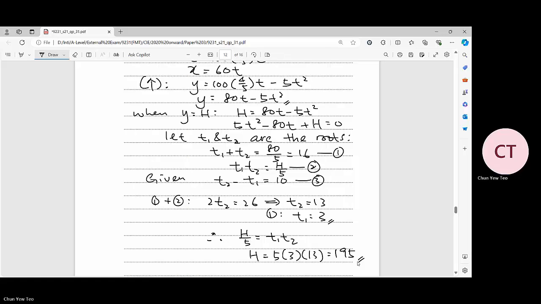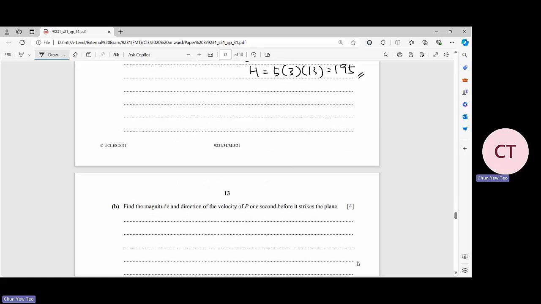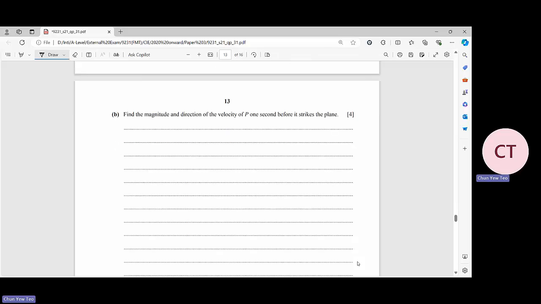Okay, now we move on to part B. They want you to find the magnitude and the direction of the velocity 1 second before it strikes the plane. So we need to know when it strikes the plane.